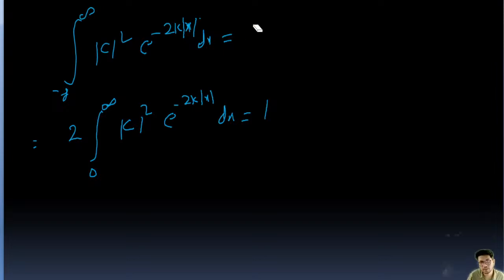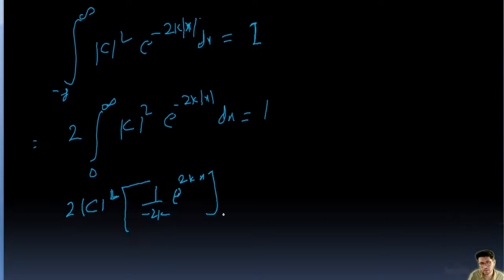We can see this is mod x, so this is an even function and we can break the limit. So this is going to be 2 times the integral from 0 to infinity of c square e to the power minus 2k mod x dx equal to 1. Now we'll simplify it: mod c square into 2 times 1 upon minus 2k e to the power minus 2kx, from 0 to infinity. Okay, so we'll put the value.